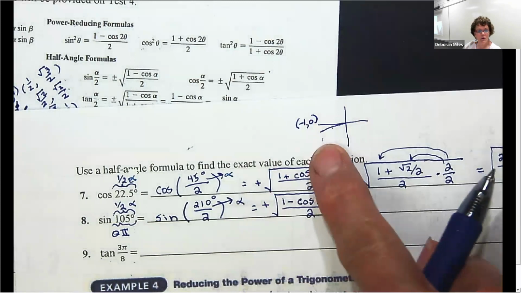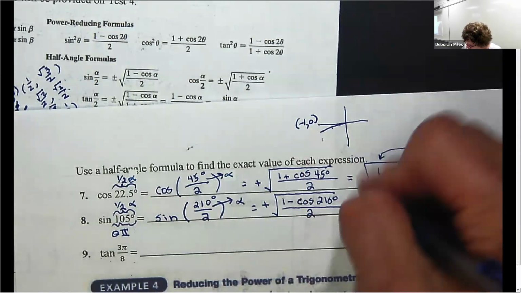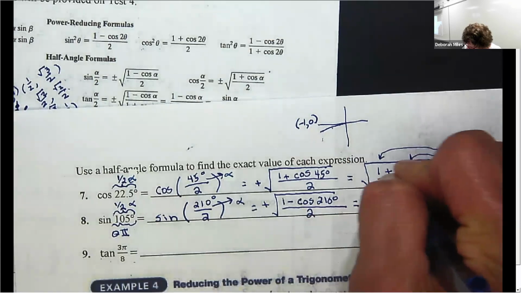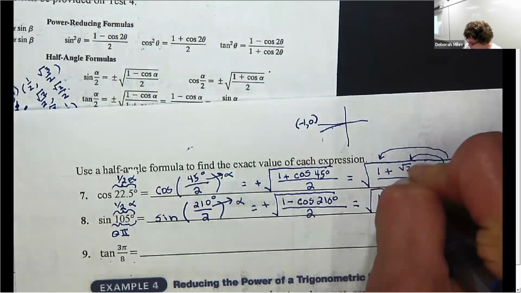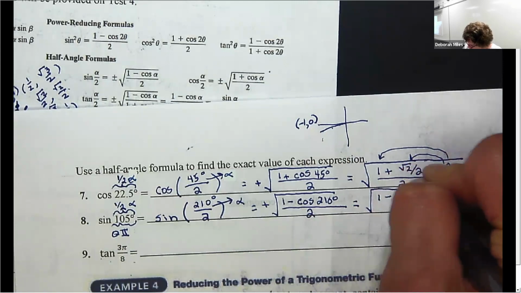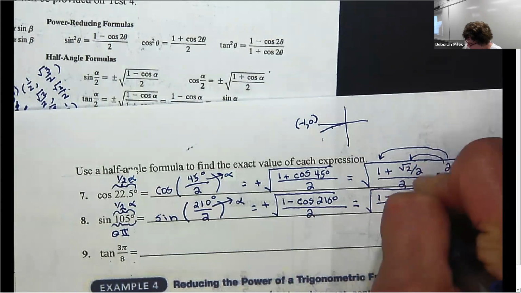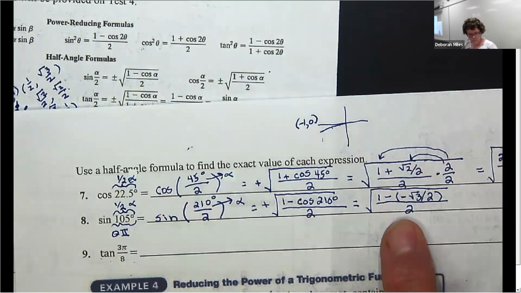It's still almost -1 there. So cosine of 210 degrees is negative square root of 3 over 2. Whole thing's divided by 2. And that's just ugly.